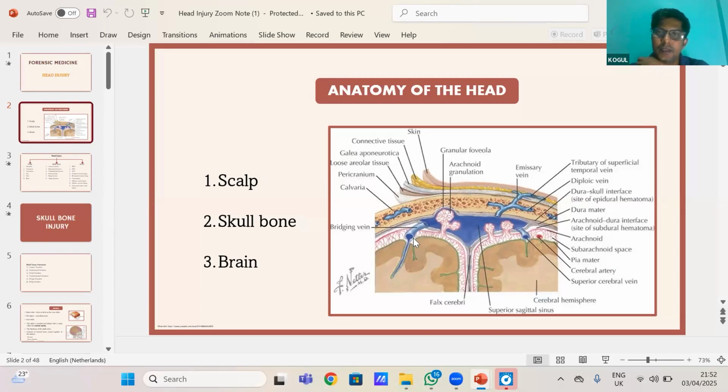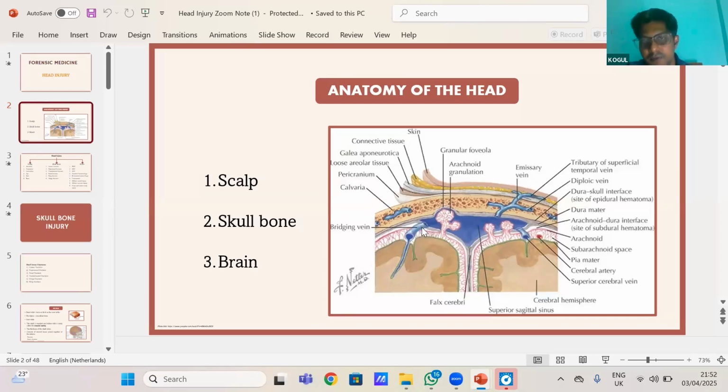So most of the time, SAH is the commonest intracranial bleeding compared to the others, because EDH is very rare, with very few blood vessels, only the middle meningeal artery. SDH is usually from the dural sinus or the bridging vessels, but SAH is common because there are a lot of blood vessels there.